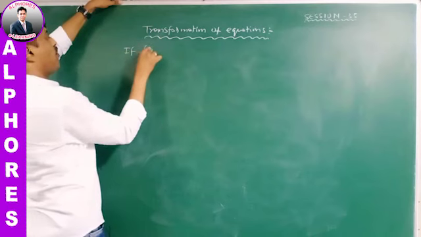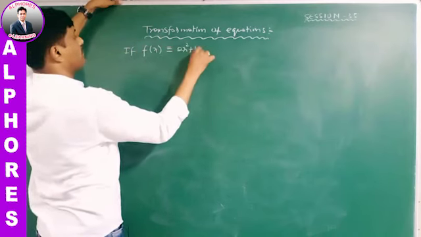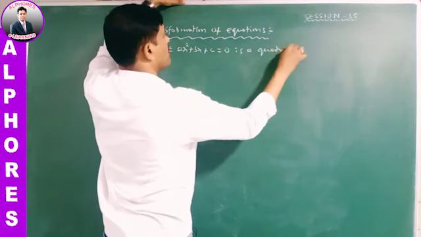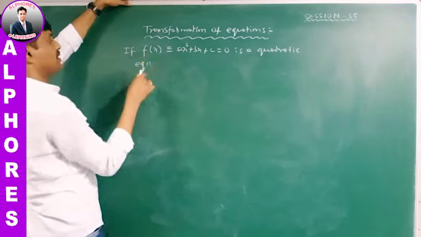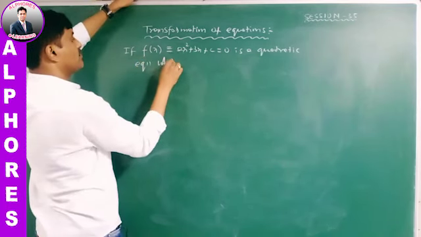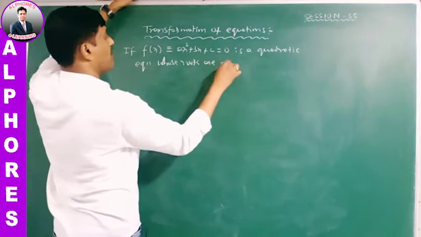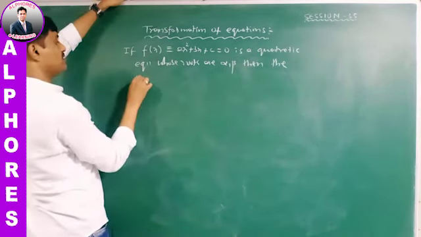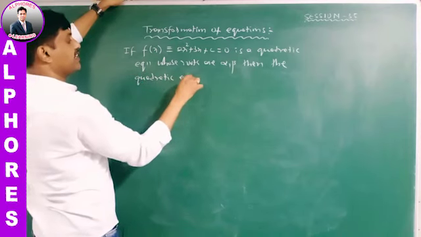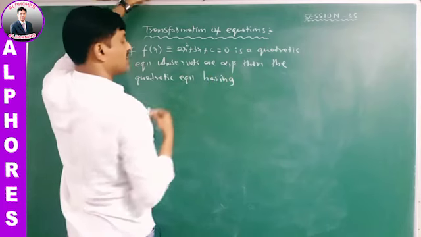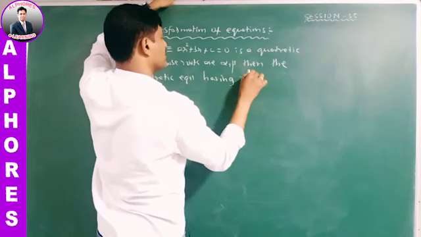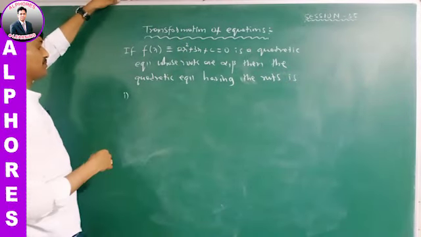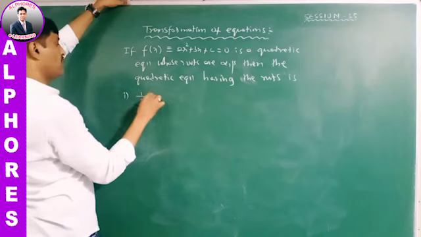If f of x is equal to ax square plus bx plus c is equal to 0 is a quadratic equation whose roots are alpha comma beta, then the quadratic equation having the roots, first one, 1 by alpha comma 1 by beta.